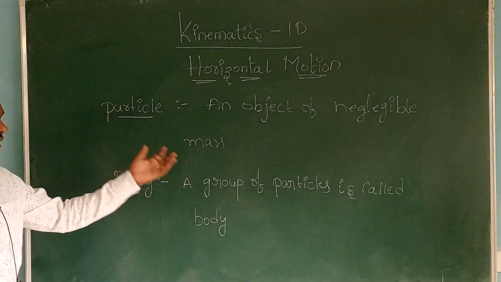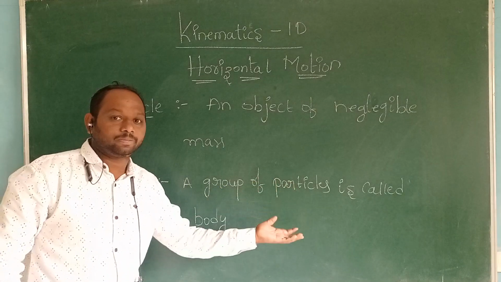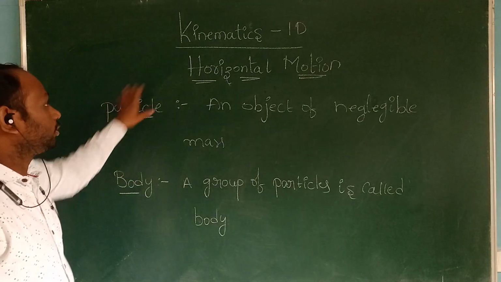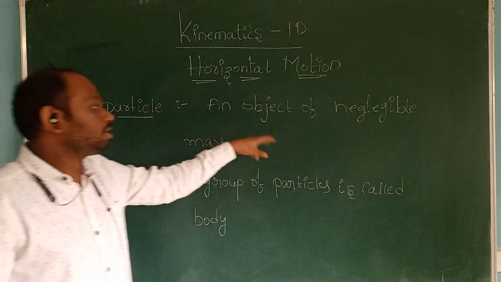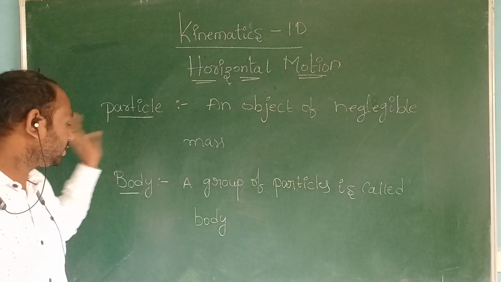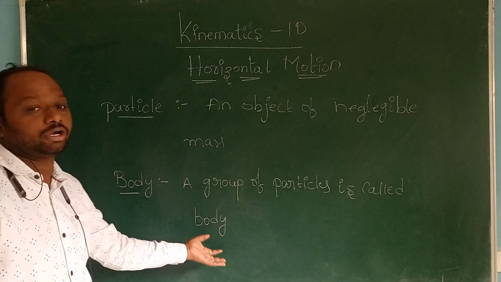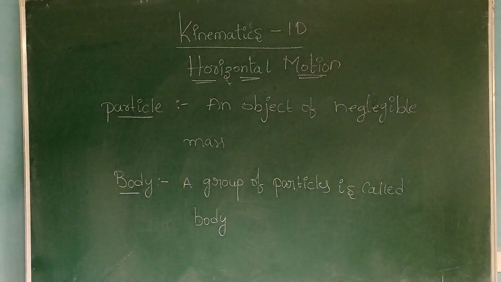It may depend on the dimensions, like shape, and different shapes are there. So these two terms are very important in this lesson. Particle: an object of negligible mass is called a particle, and a group of particles is called a body. So these two definitions are very important.